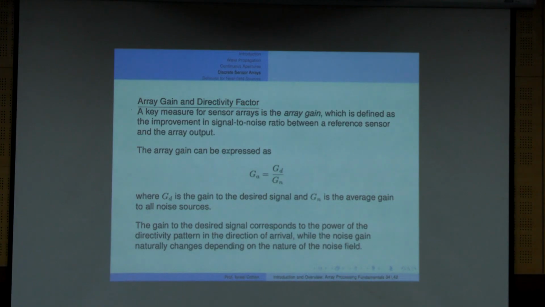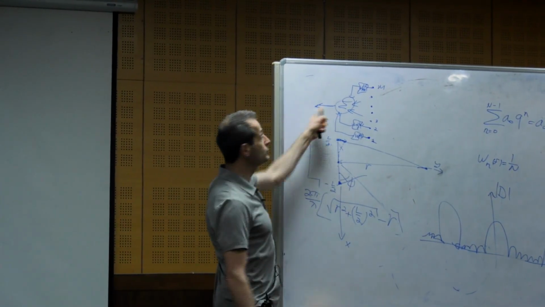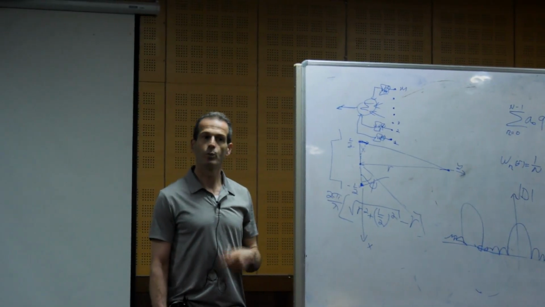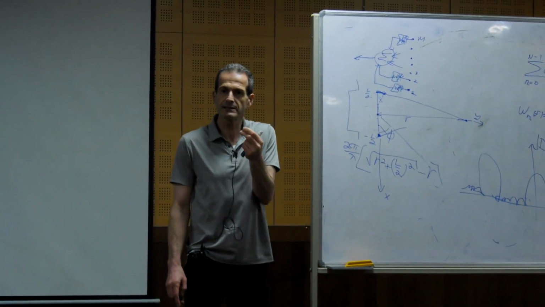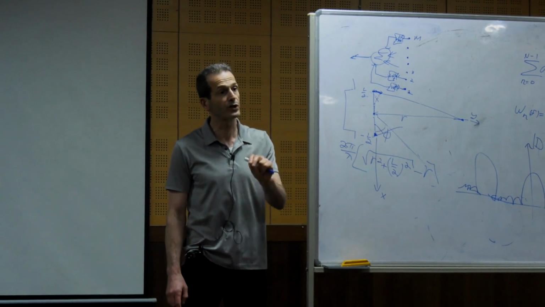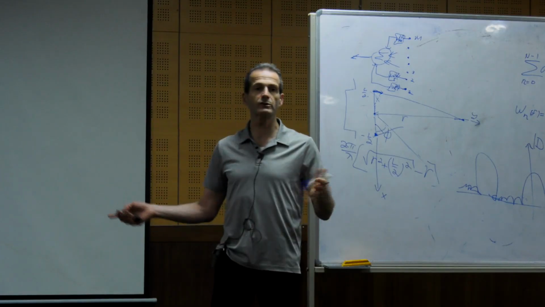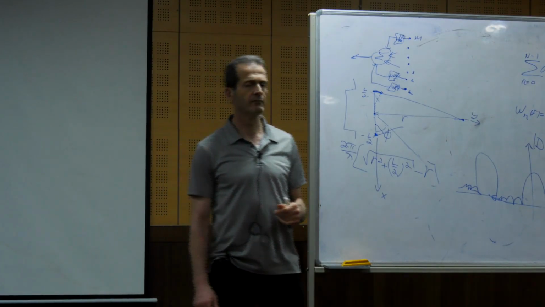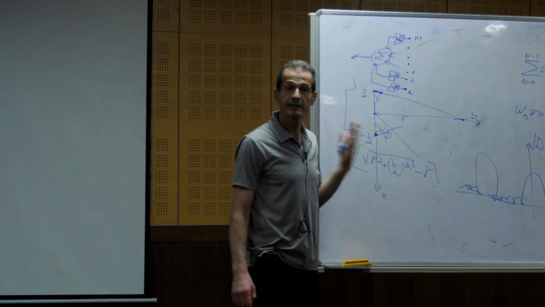It means that the thermal noise in one sensor will be stronger by 50 dB at the output of the array, which means that you need to use very expensive microphones with low thermal noise. If I tell you that the white noise gain is minus 10 dB, it means that the thermal noise will be amplified by 10 dB at the output.